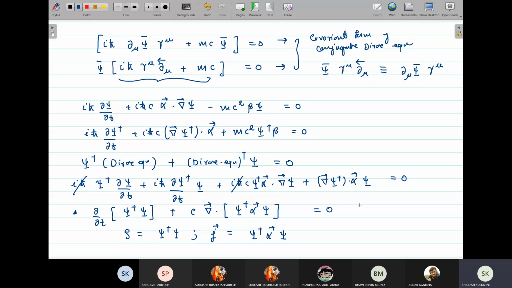So this equation tells us that del rho by del T plus del dot J equal to 0, C is there, so I don't have to write C. And this is nothing but your continuity equation.